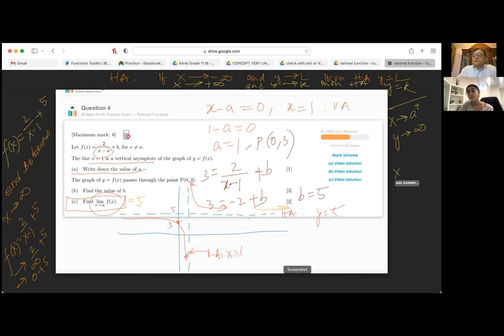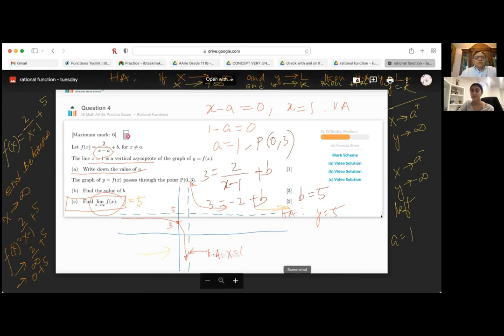However, when x approaches a from the left side, so we write minus on the top, y approaches negative infinity. So if you see from the left of the curve, you are approaching negative infinity, and from the right of the curve, where a equals 1, you are approaching positive infinity. So these are the definitions of horizontal and vertical asymptotes. Is it okay? Correct. So that is how we should be looking at it, right?